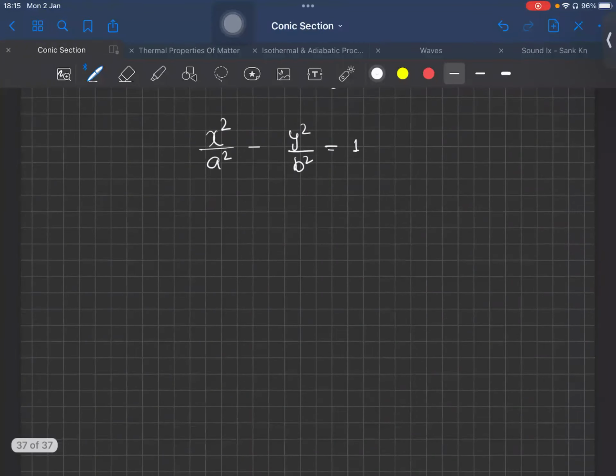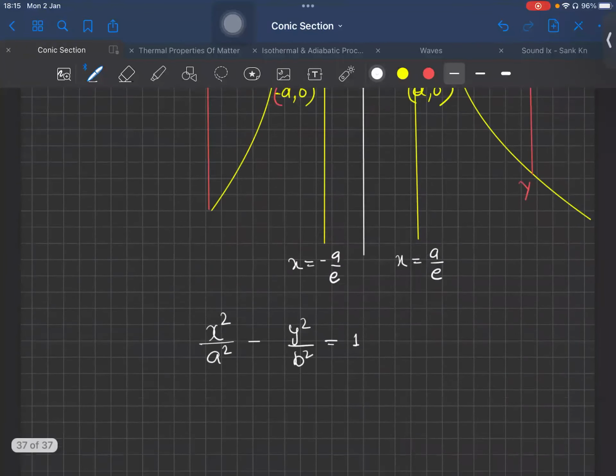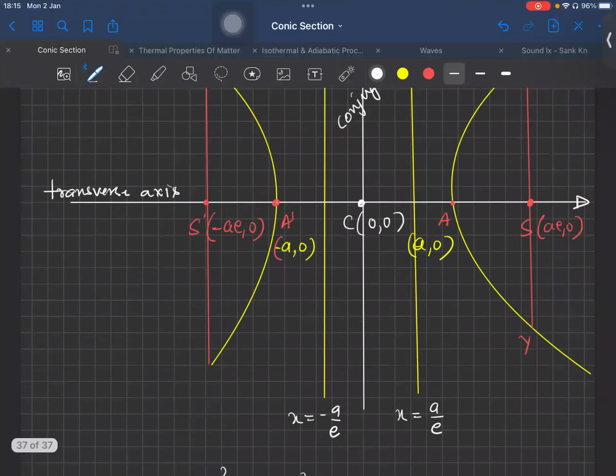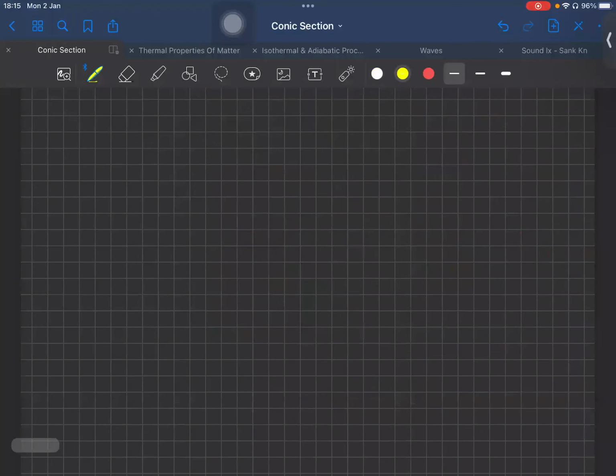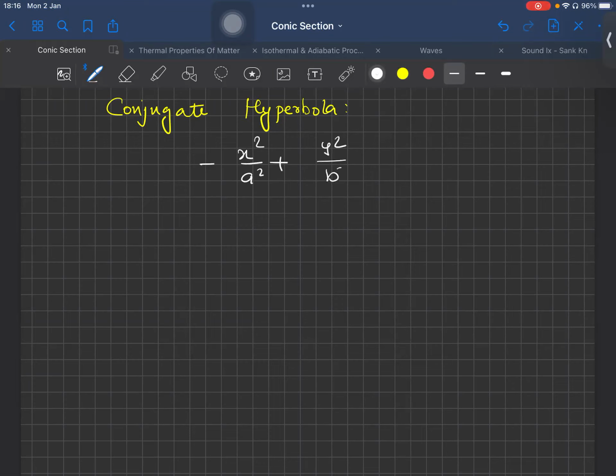Now we have another type of hyperbola. What is that hyperbola called? Conjugate hyperbola. Is it there in your syllabus? What is conjugate hyperbola? It is defined as minus x square upon a square plus y square upon b square is equal to 1.